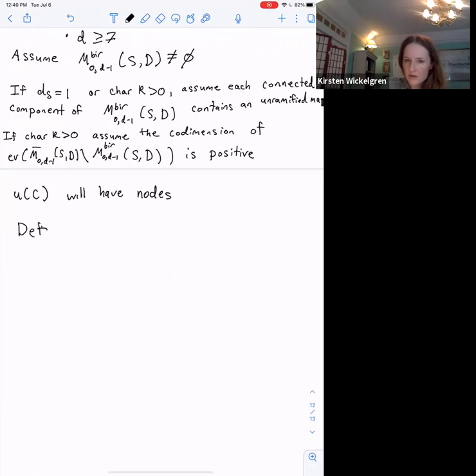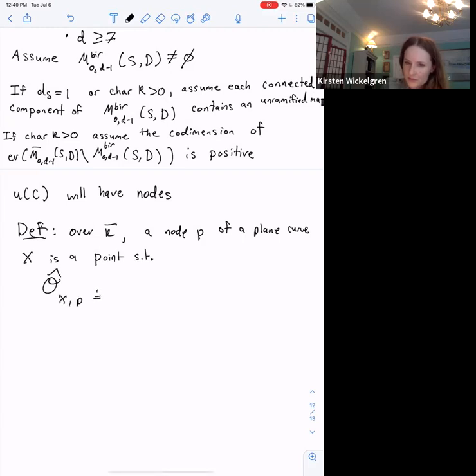So over K bar, a node P of a plane curve X is a point such that the completed local ring looks like XY over the standard quadratic term, and there could be higher order terms, or you could get rid of them.